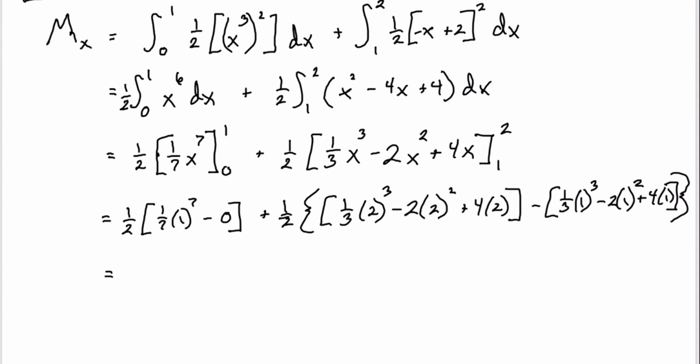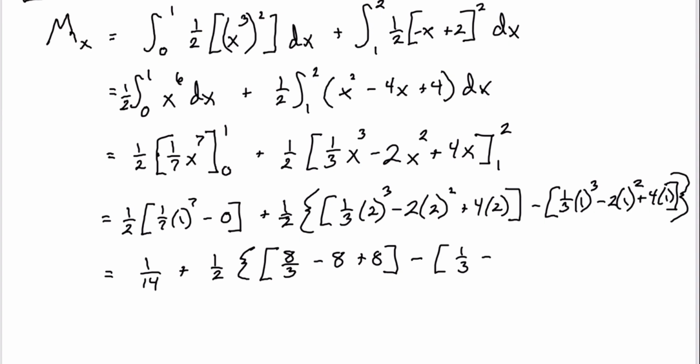Simplifying again, we get 1/14 plus 1/2 times 8/3 minus 8 plus 8 minus 1/3 minus 2 plus 4.